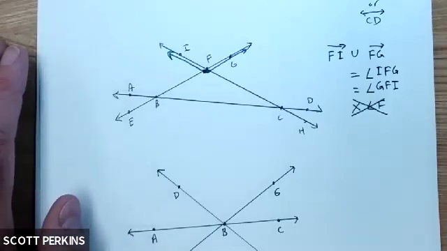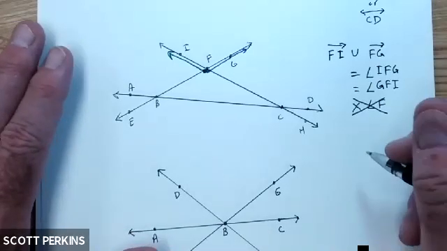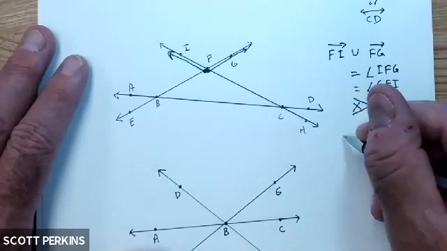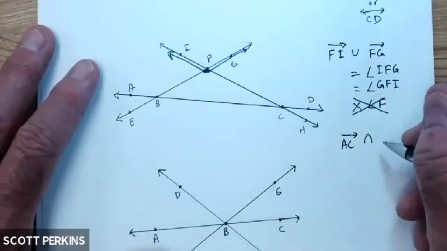Here's another problem that I would like you to do on that same figure. Let's say that we've got ray AC and we are intersecting it with ray EF.